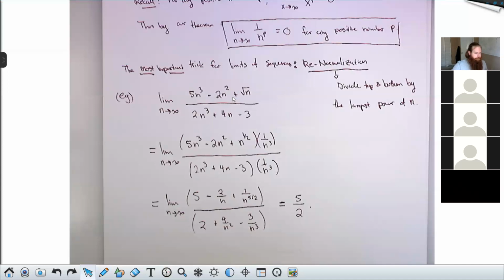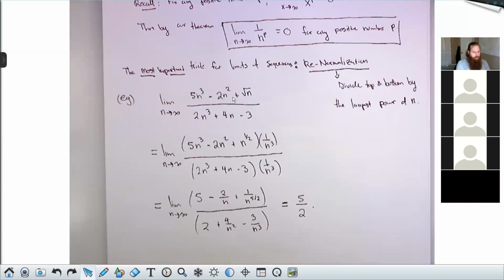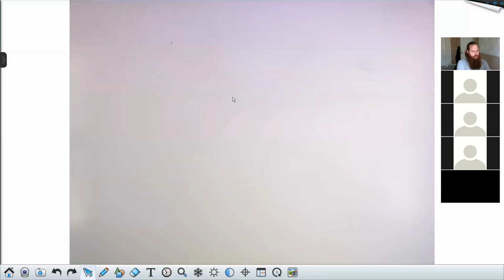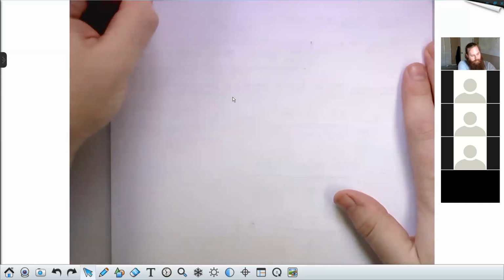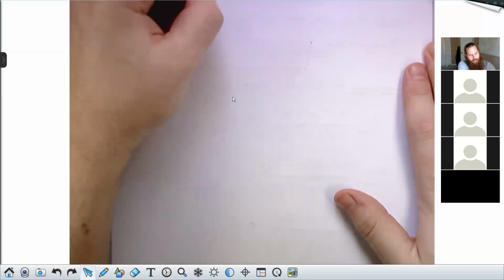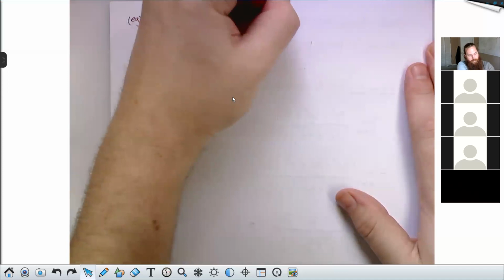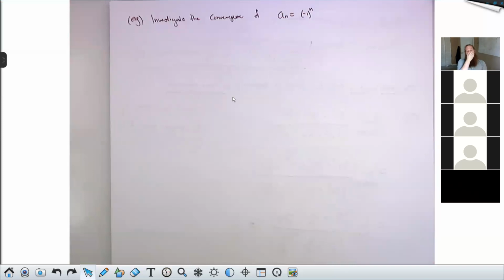So what to do next? I want to show you an example of a limit being bad. One of the sequences we looked at last time was the -1 to the n sequence.